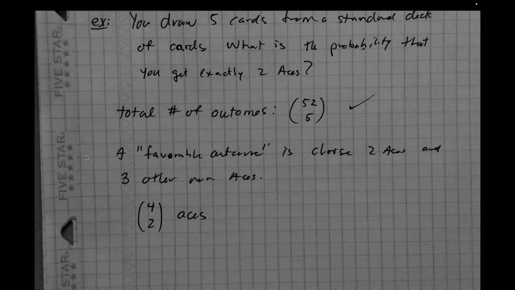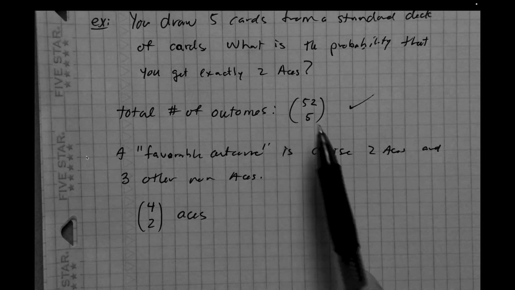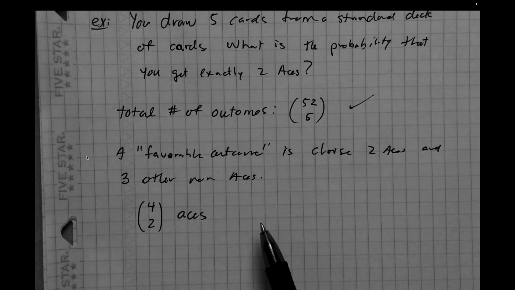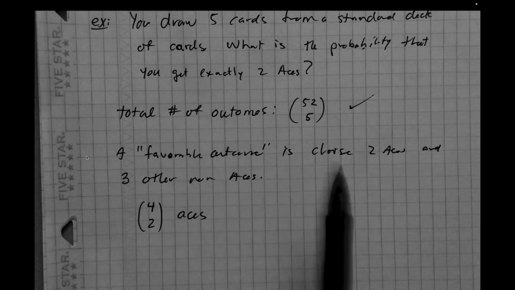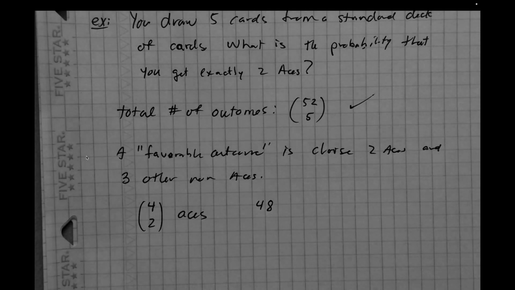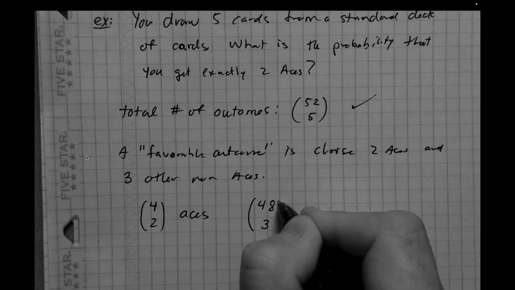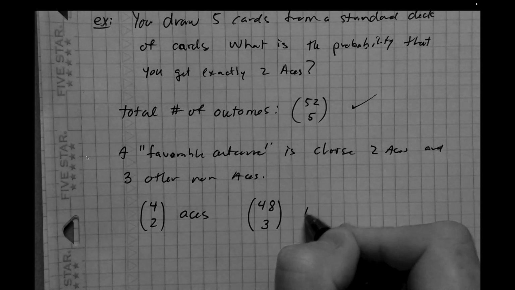And for the remaining 3 cards, what are my options? There's 4 aces in the deck, and I don't want the other 3 cards to be aces. So I've got 48 non-ace cards, and I want to select 3 of them, so that's 48 choose 3.